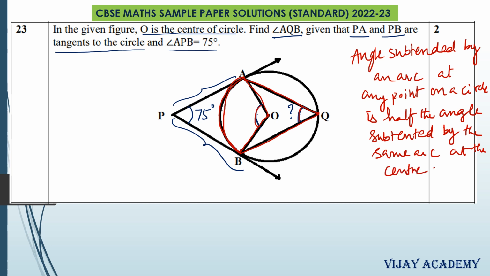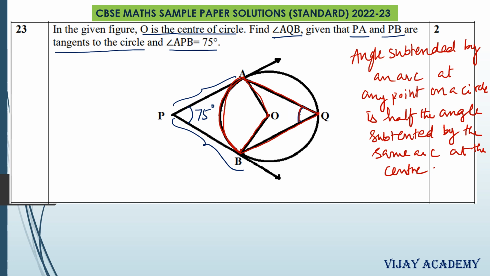So for example, if you take the angle AOB as x, then the angle AQB will be x divided by 2. So with this relation we can find the angle AQB if you know the angle AOB. So let us try to get the angle AOB first.